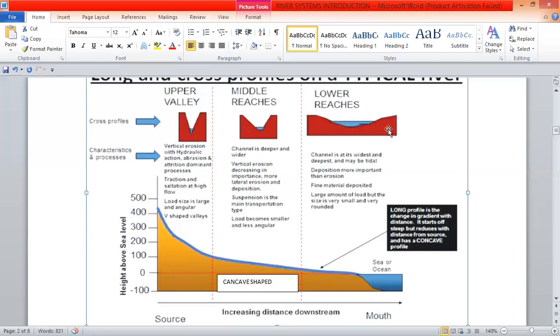The banks have been eroded sideways. They've been pushed further by lateral erosion, and now it has open wide banks or channel, and there is deposition now that is taking place. There's a lot of deposition in this stage, and the size of the material is now fine. The load has been further eroded.